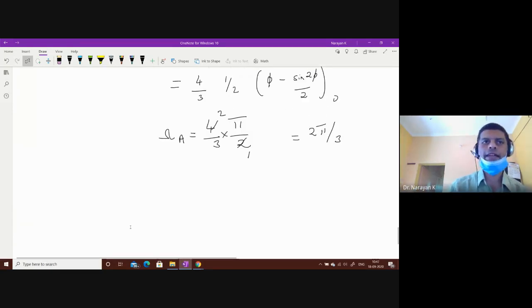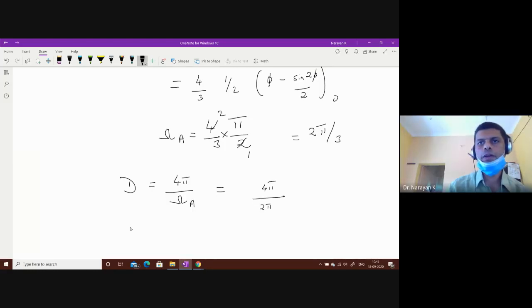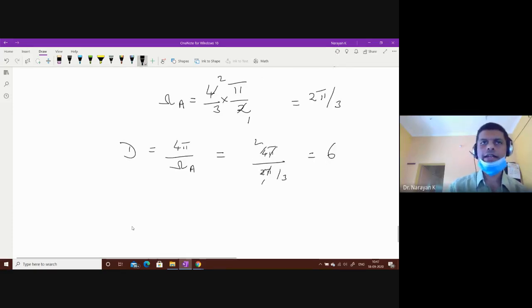How do I find the directivity? 4 pi divided by beam area. So this will be 4 pi divided by 2 pi by 3. Two ones are two, two twos are four, pi gets cancelled, and you will get directivity as 6. Next, directivity in dB.